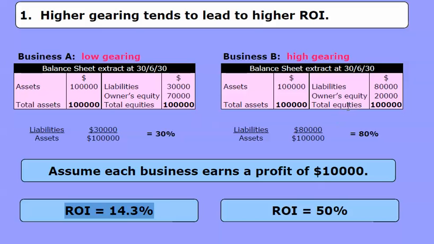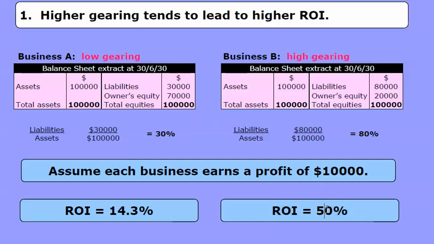And with the high geared business, there's a relatively low average owner's investment. And the $10,000 over the $20,000 denominator gives us a rate of return on owner's investment of about 50%. So the business with the higher gearing has the higher return on owner's investment.